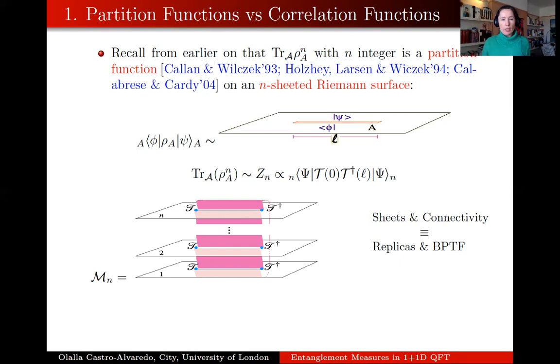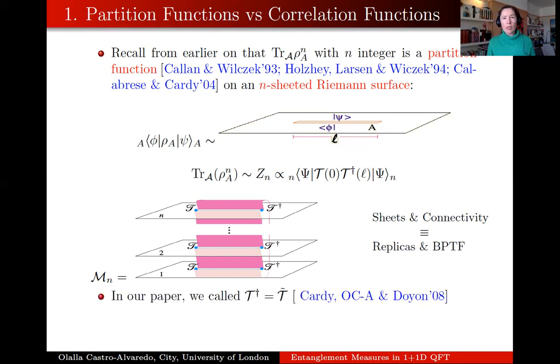And the connectivity of these sheets is now implemented by this branch point twist field, in particular by its locality properties with respect to other fields in this n-copy model. Okay, so we have gone from a partition function now to a correlation function. So this name, branch point twist fields, was introduced in our paper.